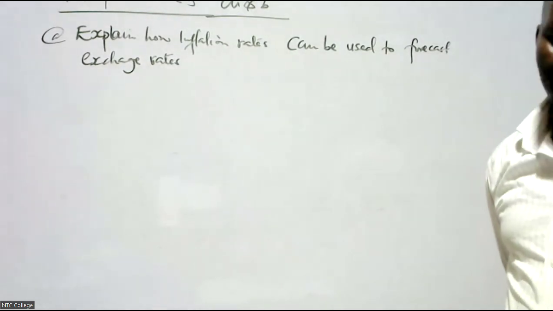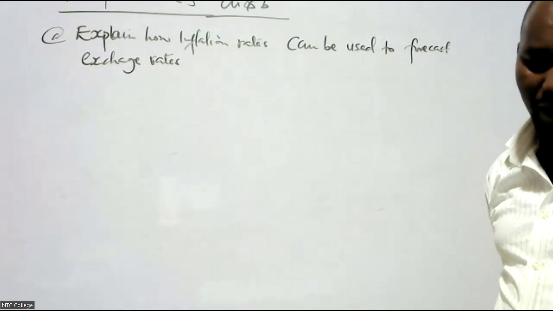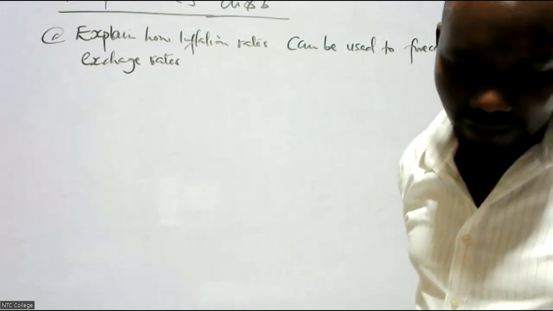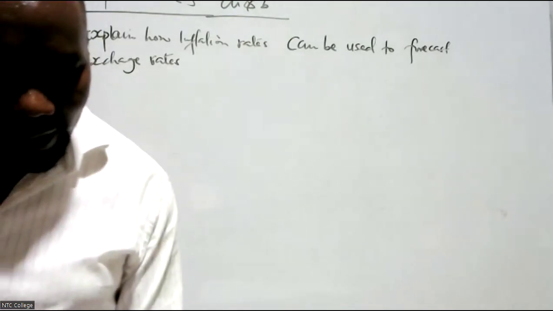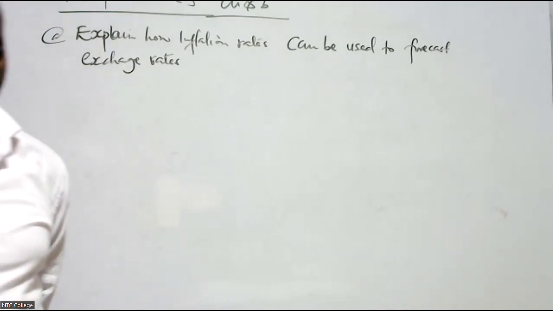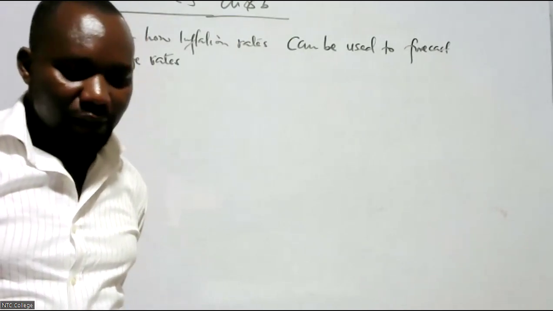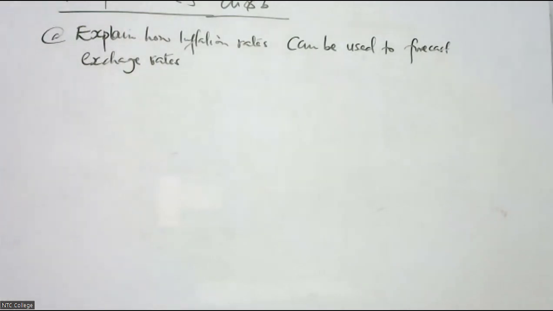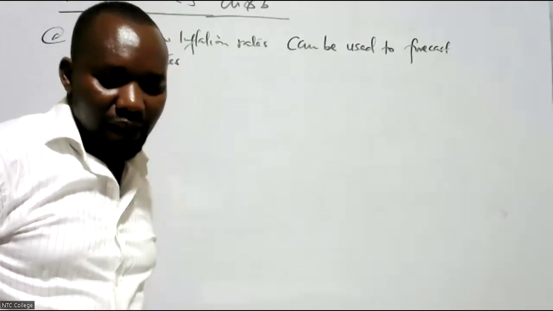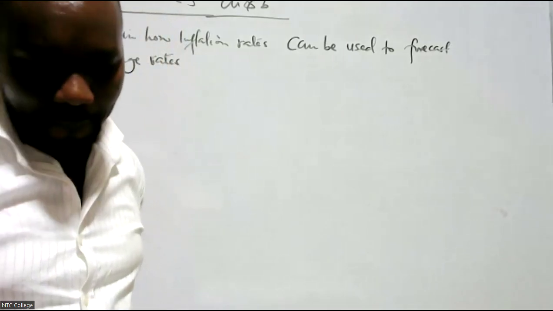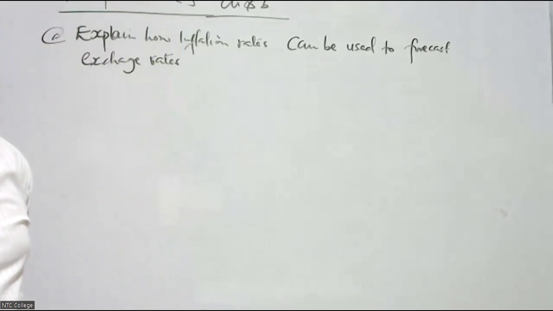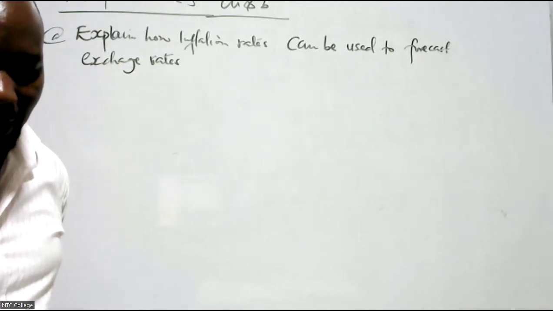You proceed and say, the next paragraph, the purchasing power parity states that the exchange rate between two countries is the same in equilibrium when the purchasing power of the currency is the same in each country.